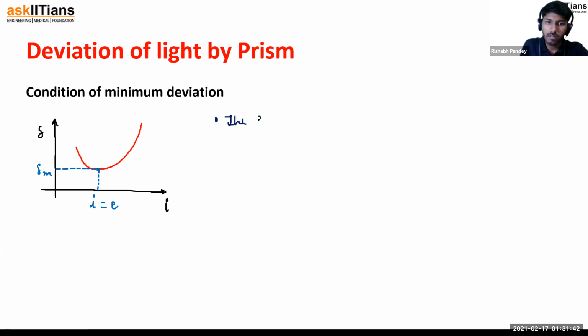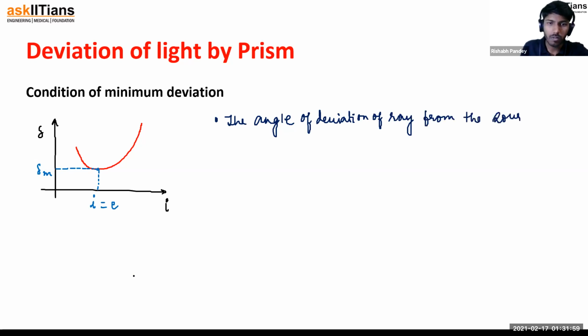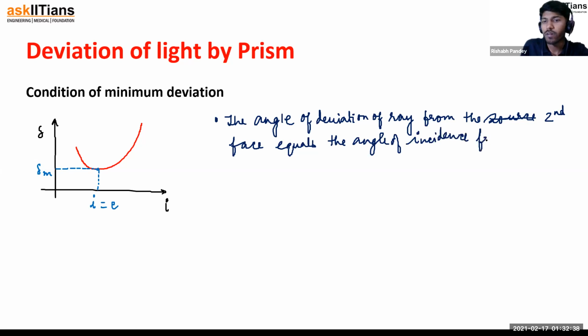The angle of deviation of the ray from the source, from the secondary sources, from the second phase equals the angle of incidence from the first phase, right?